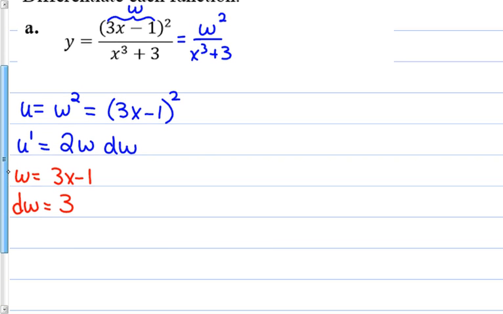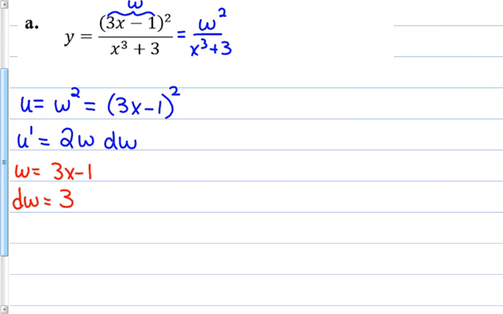Okay, so v is the bottom function, x cubed plus 3, and then the derivative of v is 3x squared. So I have my pieces that I would normally use for low d high minus high d low over low times low. One of them required a little extra work using the chain rule.